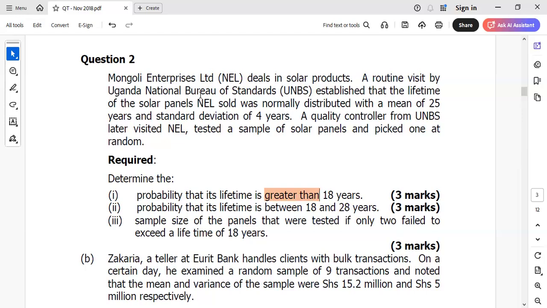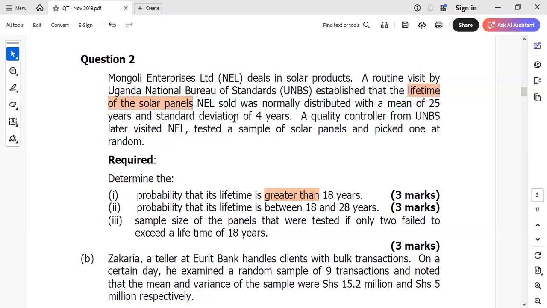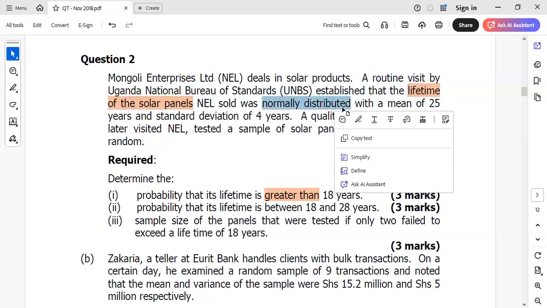We are told that MER deals in solar products. A routine visit by the Uganda National Bureau of Standards, UNBS, established that the life of the solar panels MER sold was normally distributed.